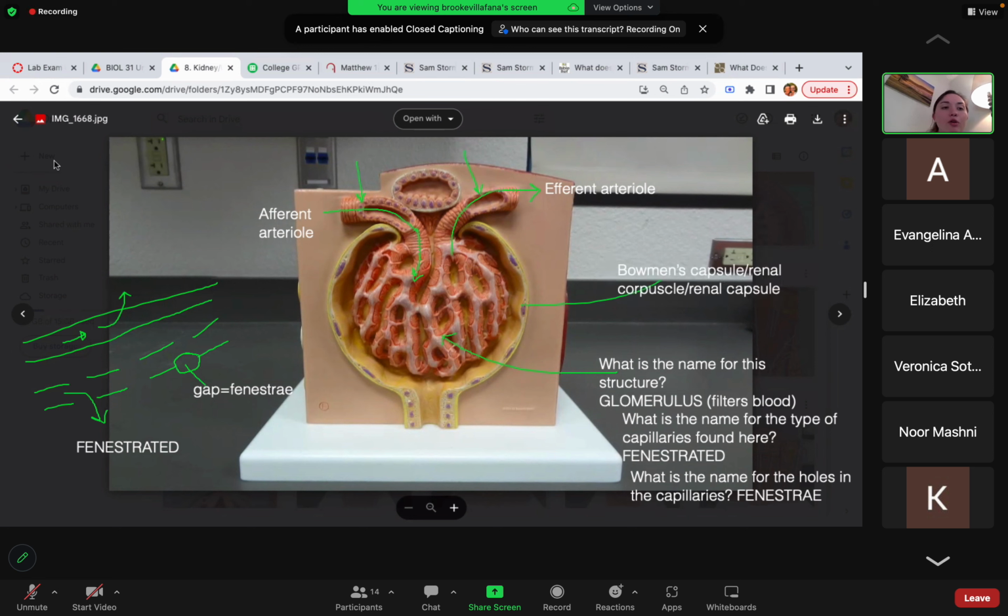And then it flows into the proximal convoluted tubule next, right down here. Proximal convoluted tubule. No one can read that. Let's do black. And then up here at the top, this guy is the distal convoluted tubule.